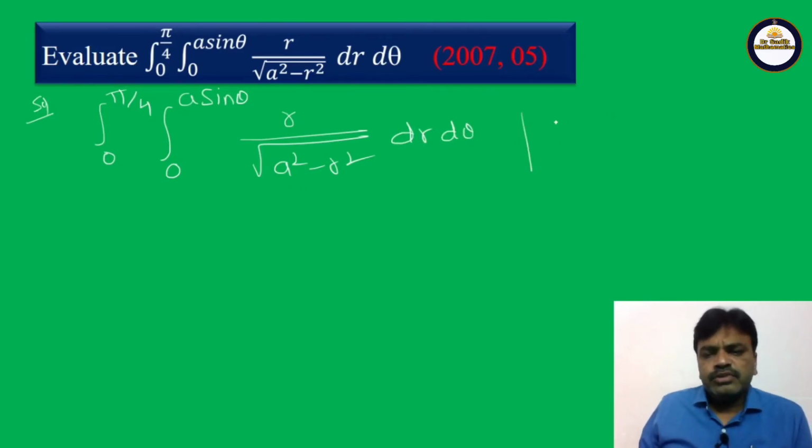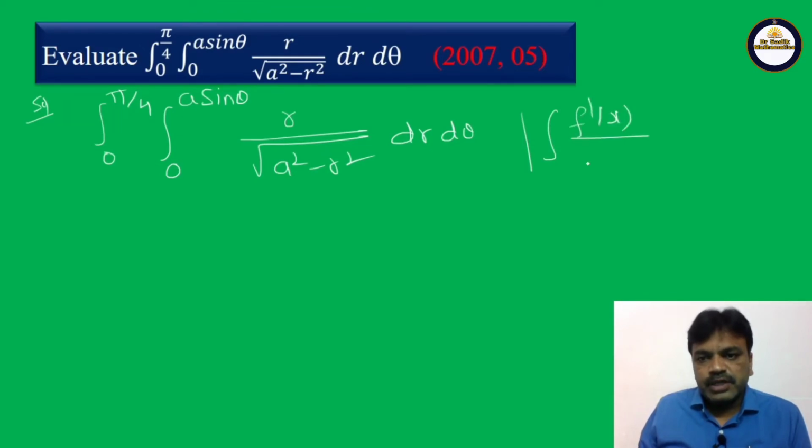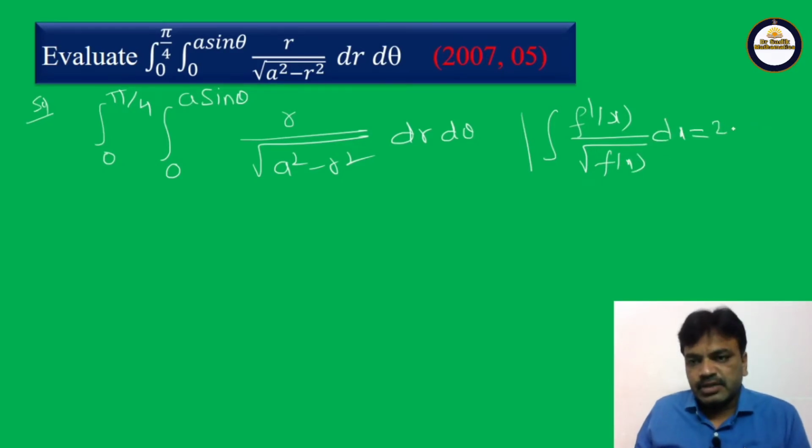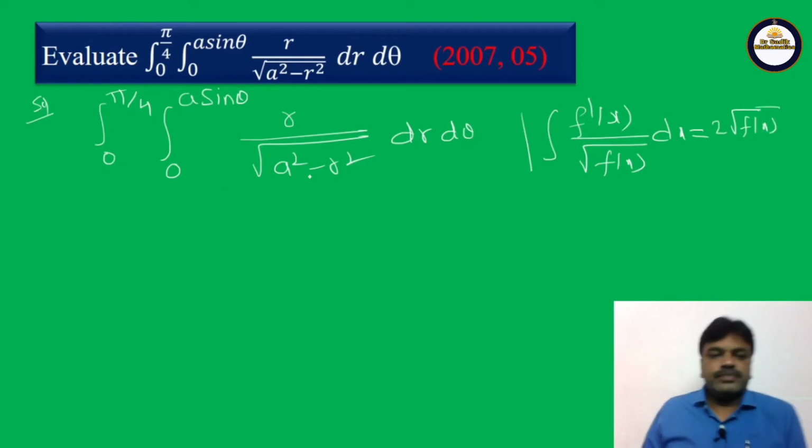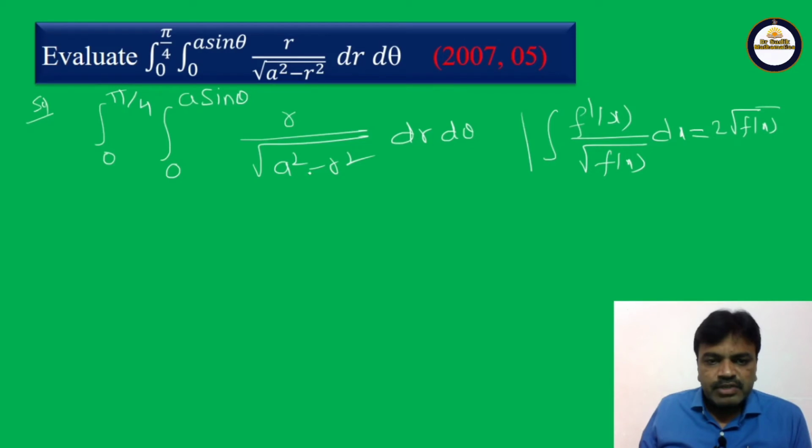Now we know one formula, friends. What is that formula? Integral of f dash of x by square root of f of x dx is exactly 2 into square root of f of x. So what is the derivative of a square minus r square?